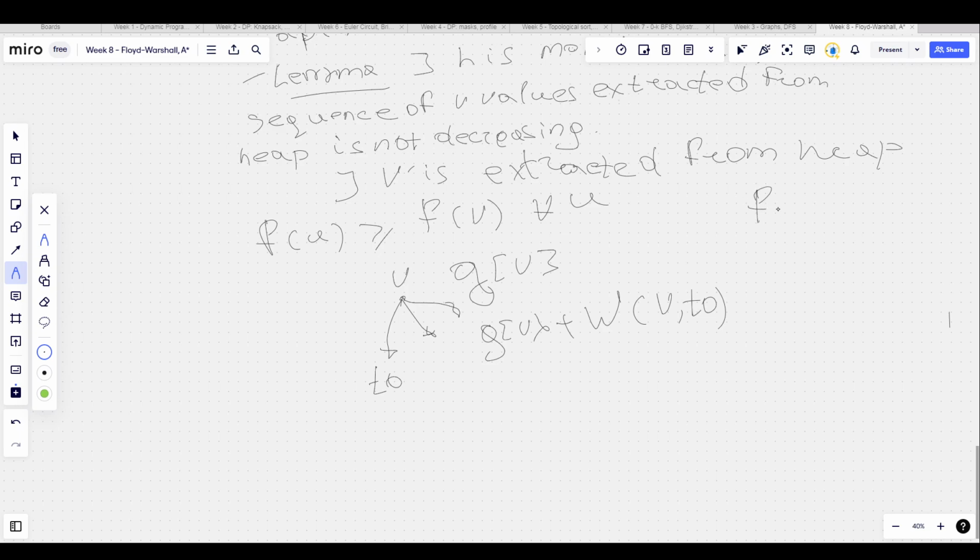So f(v2) can be equal to g(v) plus cost plus h(v2), and this will be greater than f(v).